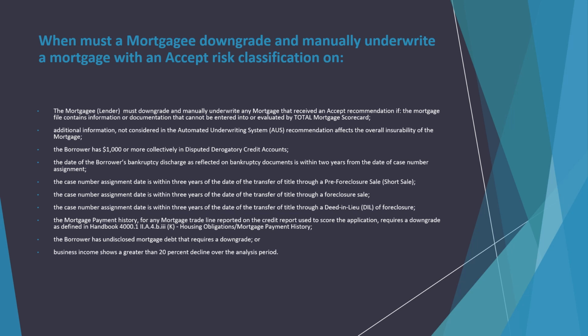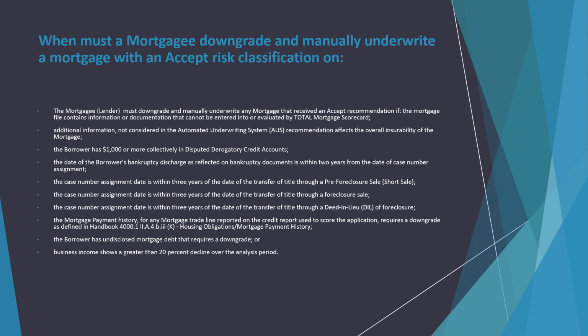Well, this simply means that we must downgrade to a refer and manually underwrite if any mortgage trade lines, including a mortgage line of credit, during the most recent 12 months reflect 3 or more late payments of greater than 30 days, or 1 or more late payments of 60 days plus 1 or more 30-day late payments, or 1 payment greater than 90 days late. Be very careful with this one, guys, as I've seen a lot of mortgage professionals miss this.